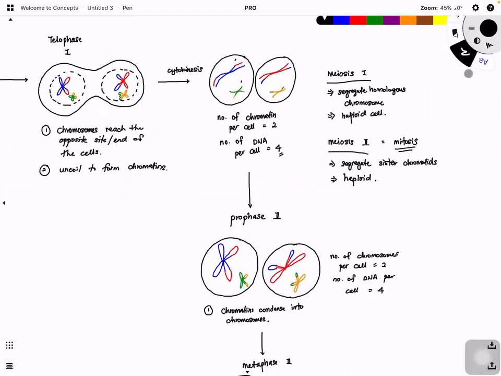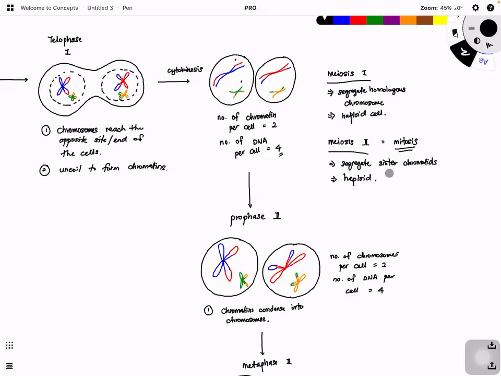The idea of meiosis 1 is actually to segregate the homologous chromosomes so that we can form haploid cells. But the question here is that the DNA or sister chromatids still remain doubled up. So therefore, we need to continue with meiosis 2, where we're going to segregate the sister chromatids so that we form haploid cells with only one set of DNA.